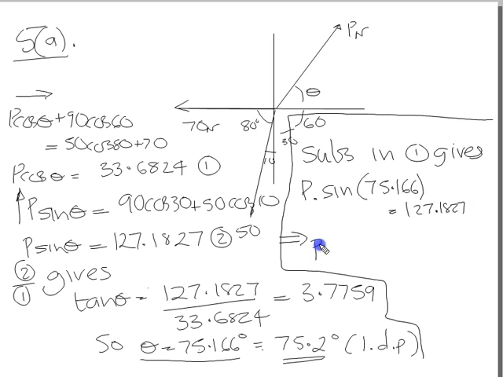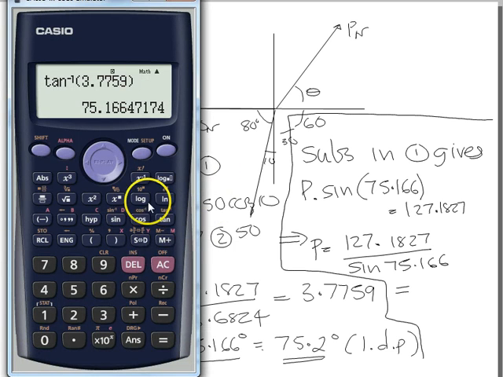So P then is 127.1827 divided by sine of 75.166. So let's just type that in the calculator.